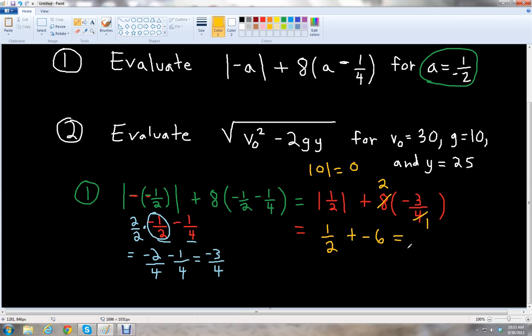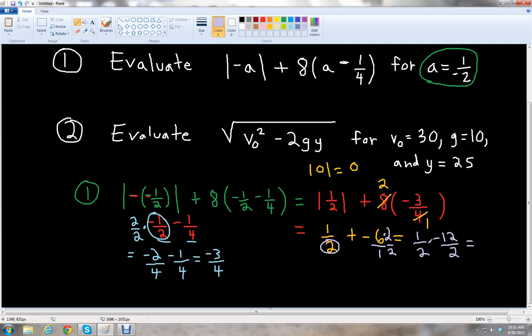And so what we need to do is get a common denominator. For this, it would be 2 for the common denominator. So we would have 1/2, and if we multiply the top and the bottom of negative 6 by 2, we get negative 6 times 2 is negative 12 over 1 times 2 is 2.